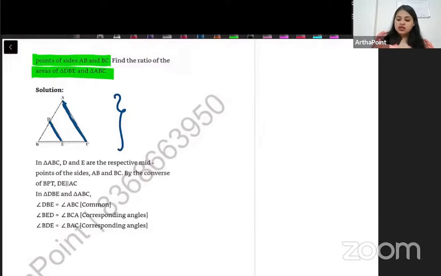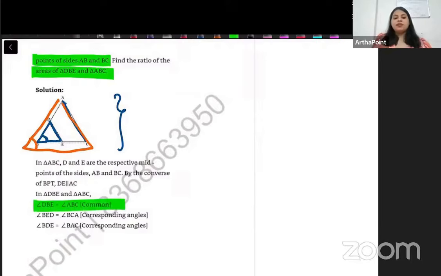Now consider the triangle DBE. इसमें भी angle common आ रहा है angle B, and consider the triangle ABC. इसमें भी angle common आ रहा है B. So in triangles DBE and ABC, you have a common angle coming up, right?